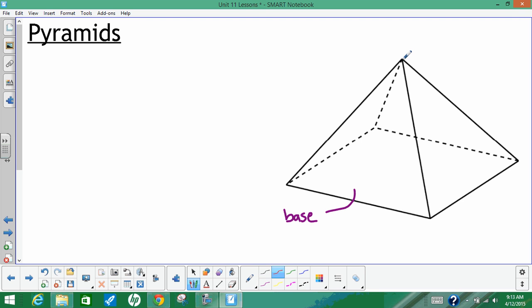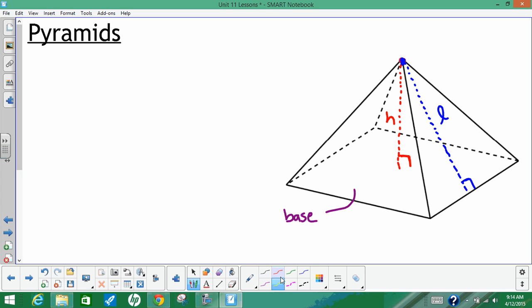So the height is going to start at the point up top here, going to come down to the center of the base, perpendicular, and that is the height of the pyramid. We also have this length from the top of the pyramid down the side of the pyramid. And we'll usually label that with an L.